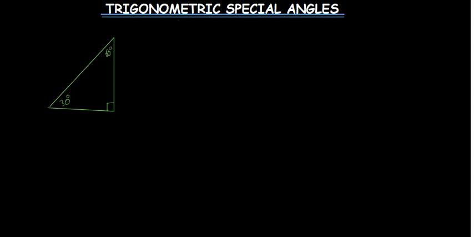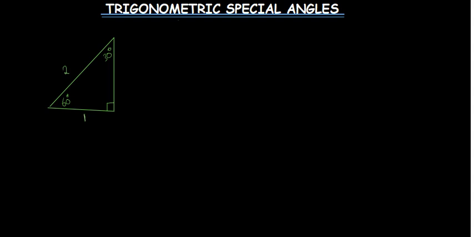So now, let's put the 60 degrees here, which appears to be much bigger, then we put the 30 degrees here. Let's say you have a unit of 2 here, and here you have a 1.